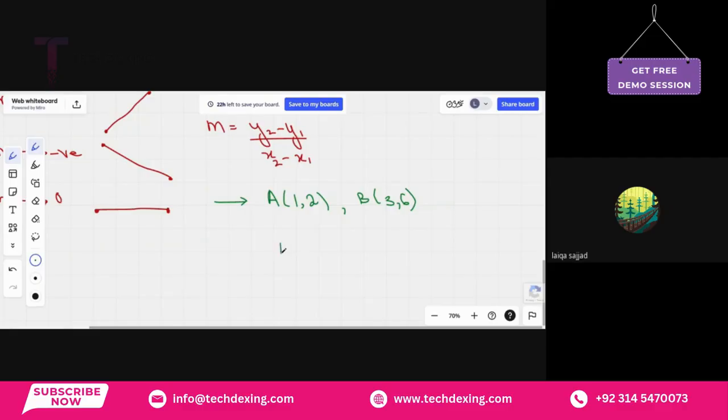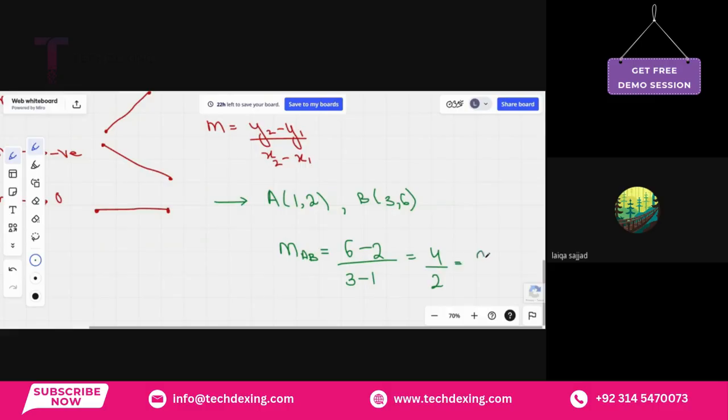So we will do m AB, and then you can simply subtract. This is the second point, so we will subtract the y coordinate of the second point minus the y coordinate of the first point, divided by the x coordinate of the second minus the x coordinate of the first. This is going to be 4 by 2, which is equal to 2.